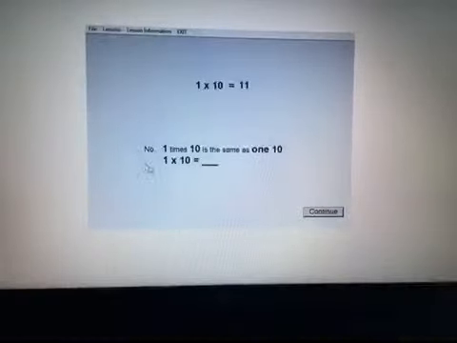Different ways of phrasing it. 1 times 10 is the same as 1/10.